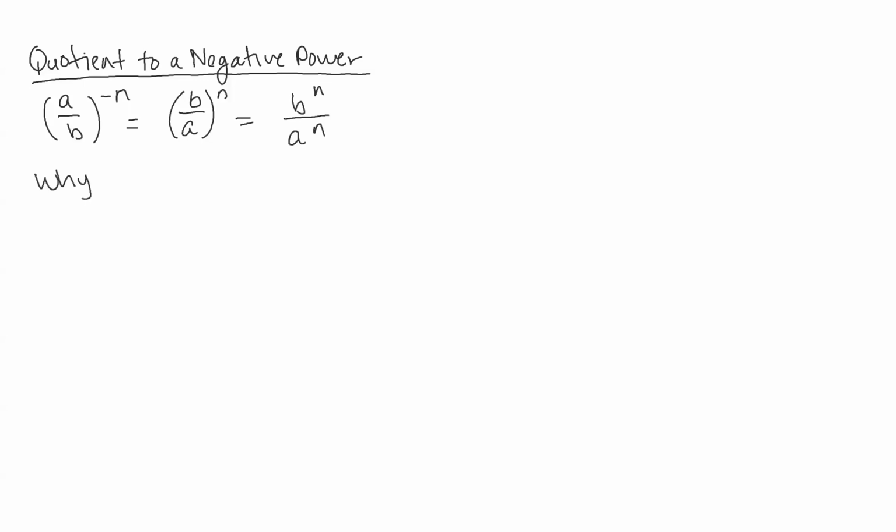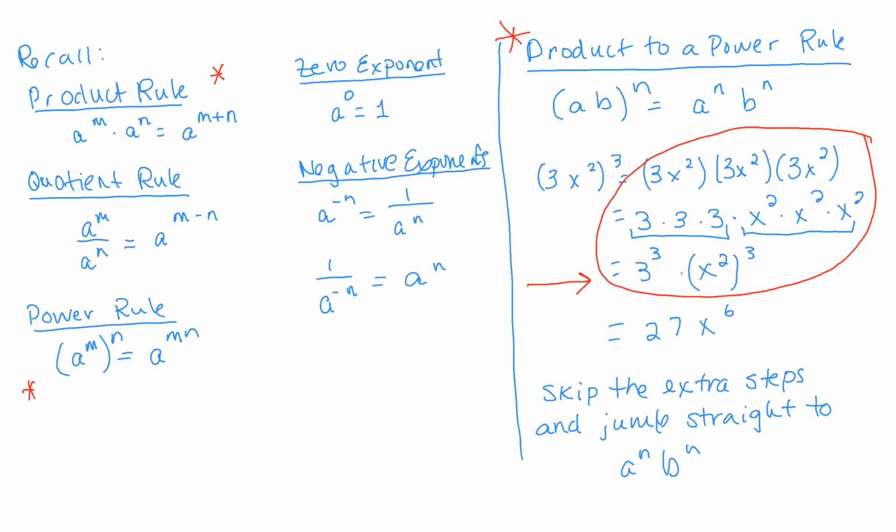Why does this happen? Well, if I had a over b to the negative n, and I went ahead and just brought that negative power inside, I would end up getting a to the negative n over b to the negative n. And hopefully you remember, if we go back to that first screen, we talked about negative exponents. Basically, when you have a negative exponent, the term that contains the negative exponent goes to the opposite side of the fraction.